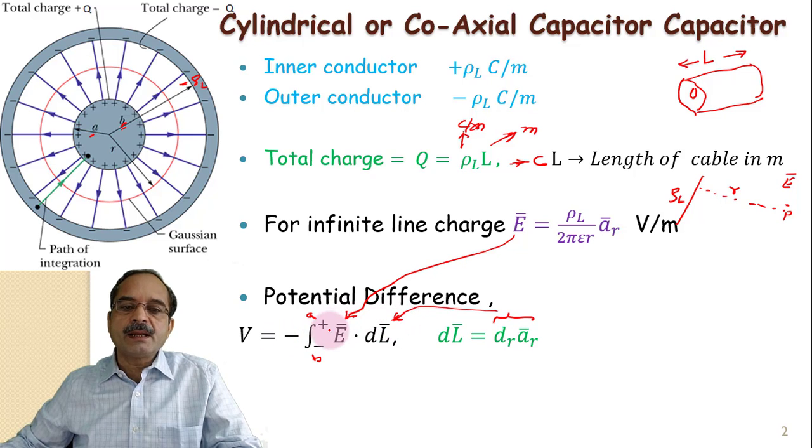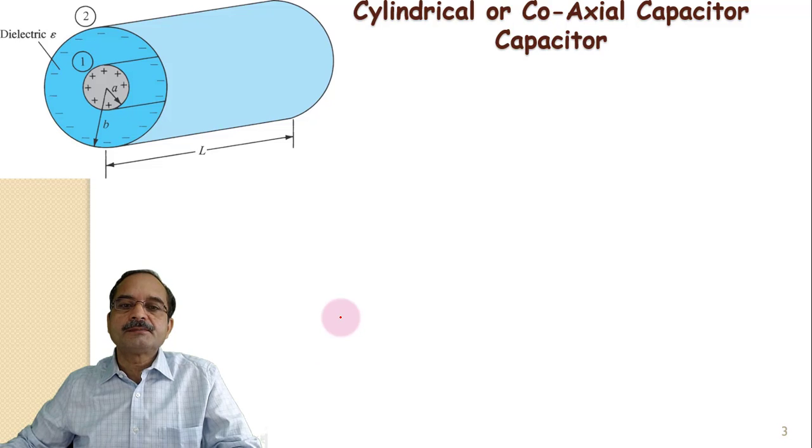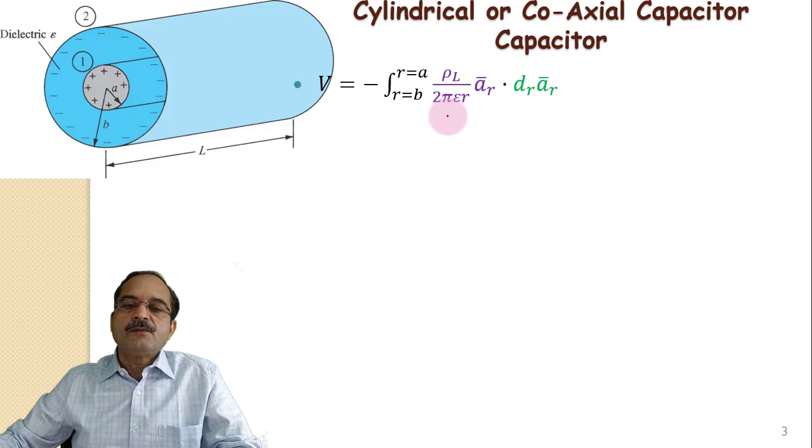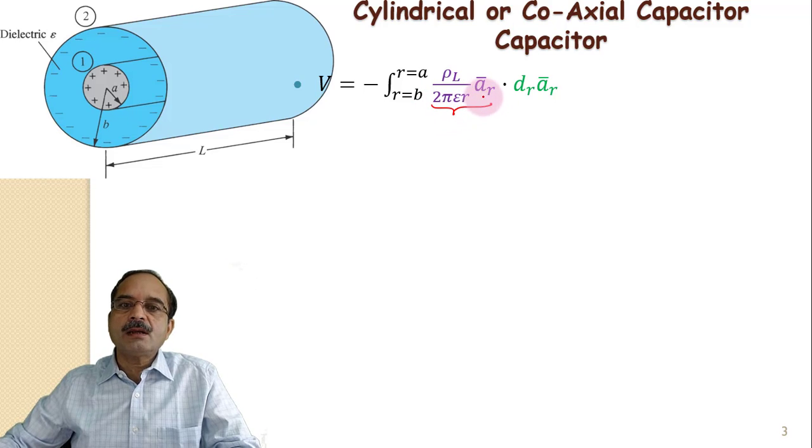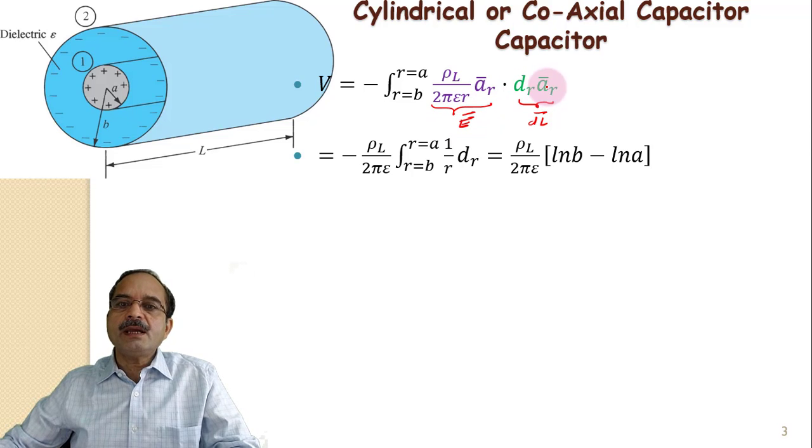So carrying out this integral to find out the potential, we substitute here rho L upon 2 pi epsilon r a_r. So this is E and this is dl, that is the differential length in cylindrical coordinates, dr a_r. Now a_r dot a_r is 1, so this becomes 1 upon r dr, and rho L upon 2 pi epsilon is brought outside of the integral.